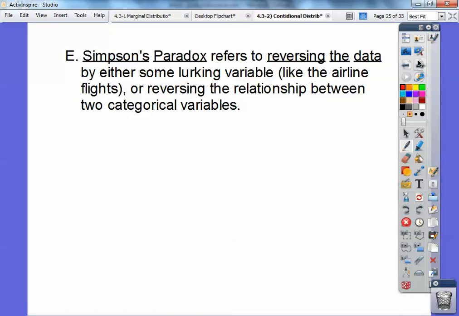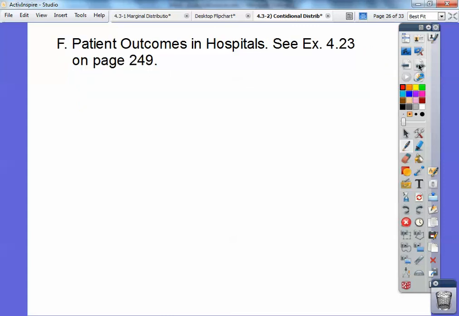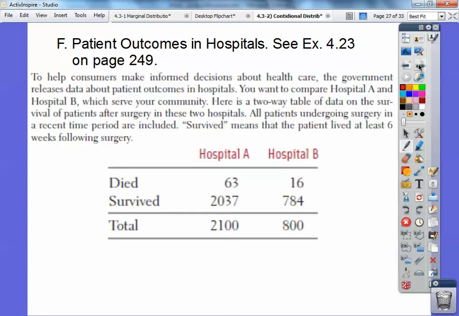Okay, so Simpson's paradox refers to reversing the data by either some lurking variables or reversing the relationships between two categorical variables. Usually they're lurking variables, and here's a quick example, okay? Patient outcomes in hospitals. See example 4.23, which is on page 249. I'll read this here. So to help consumers make informed decisions about health care, the government released data about patient outcomes in hospitals.